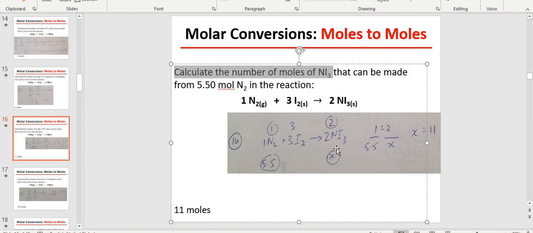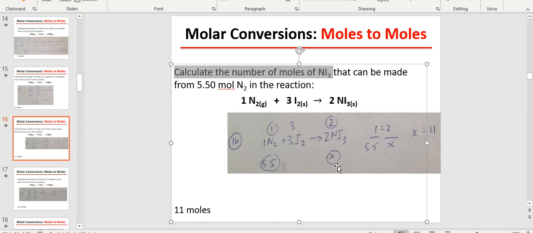What information did I give you? 5.5 moles of nitrogen. So you see here, I circle what's going to be my box. And you see the variations here? You could get boxes here. You could get boxes here. You can even get boxes all over the place, as long as you set it all up.